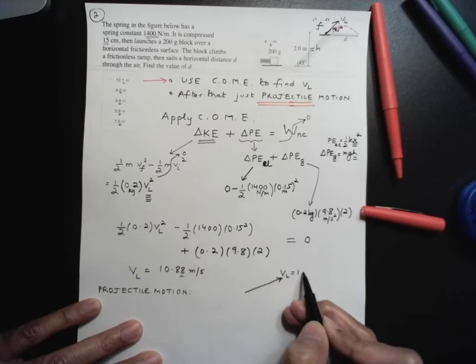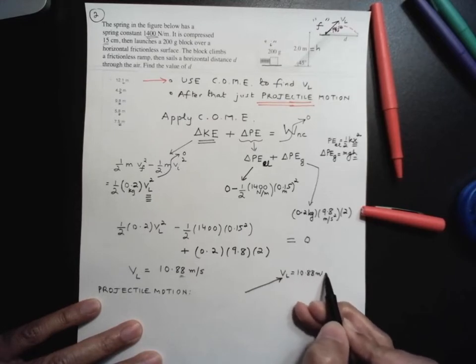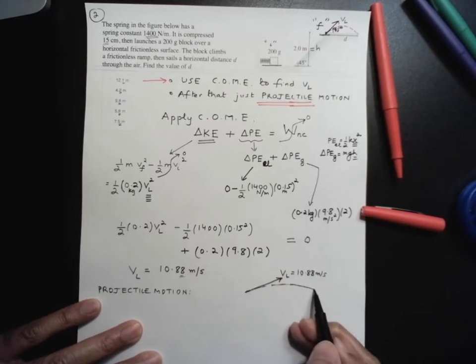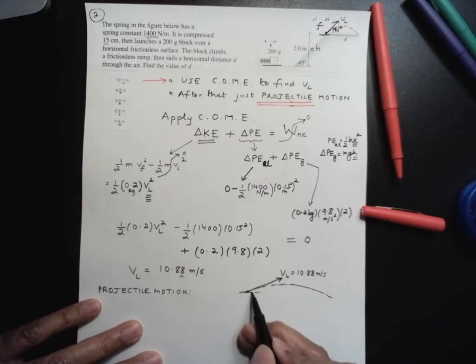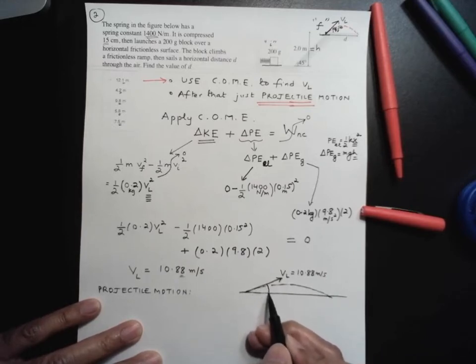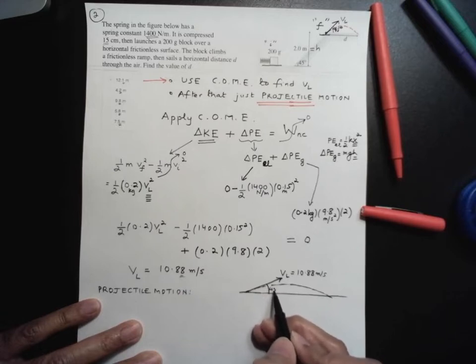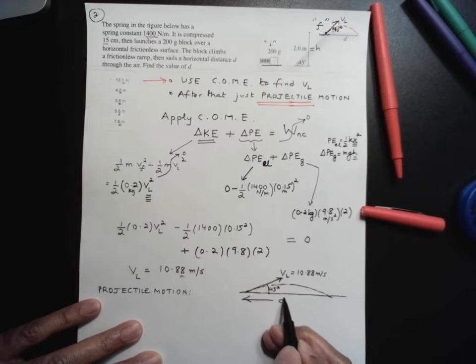V launch equals 10.88 meters per second, and this angle is 45 degrees, and we're supposed to find out the horizontal range.